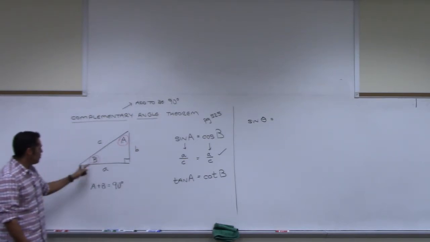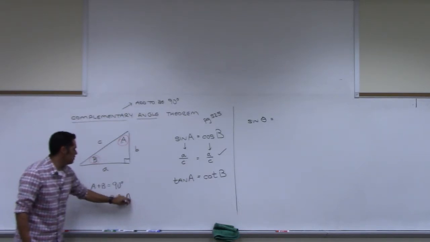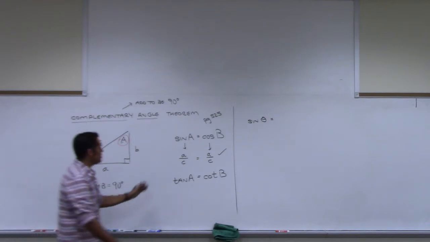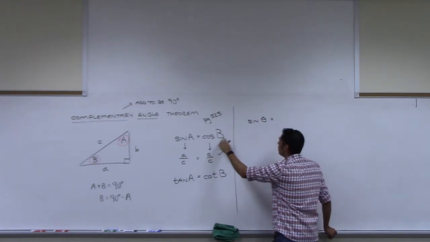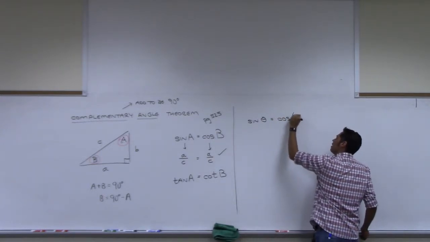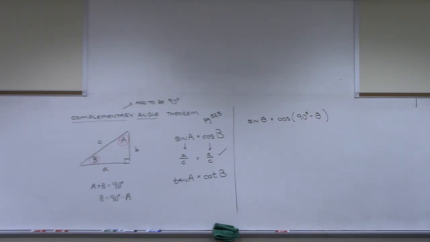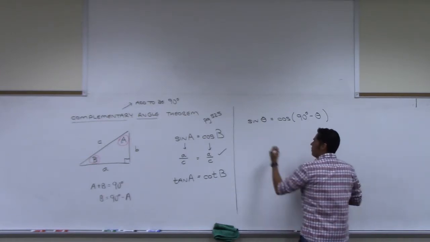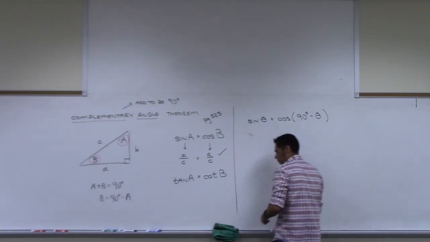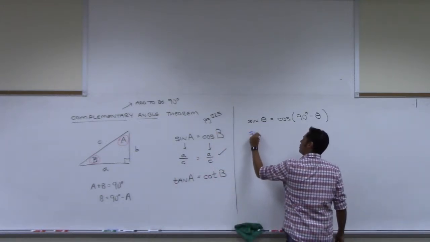So if I wanted to rewrite B, I could rewrite B as 90 minus A. That turns this B into 90 minus A. I'm using theta instead of A, but that is a pretty widely used identity. And I'll write in blue below it the same exact equation, but using radians instead of degrees.